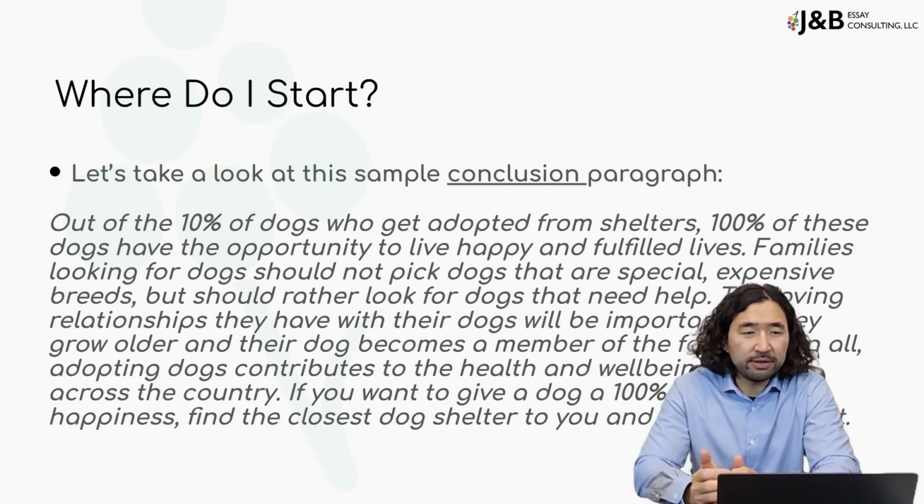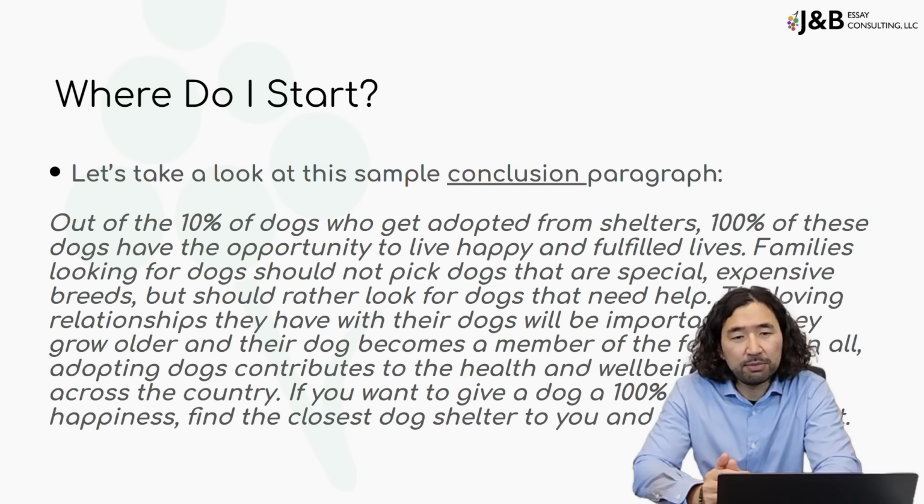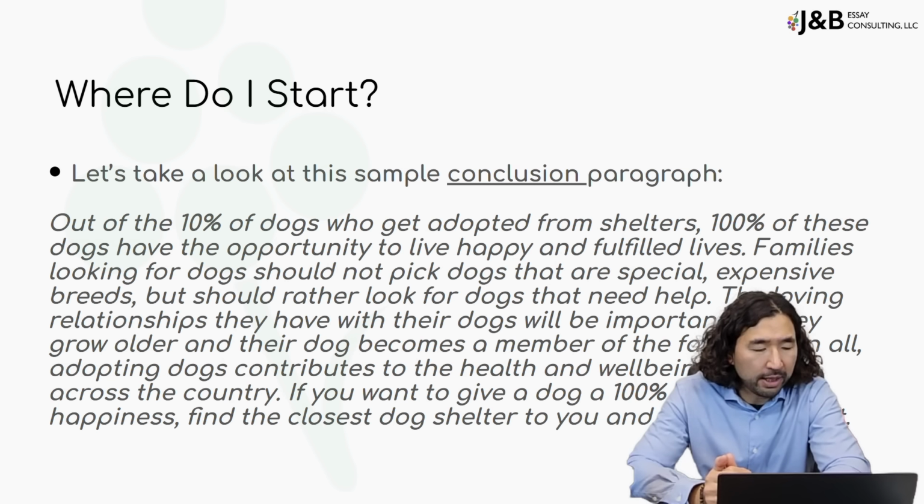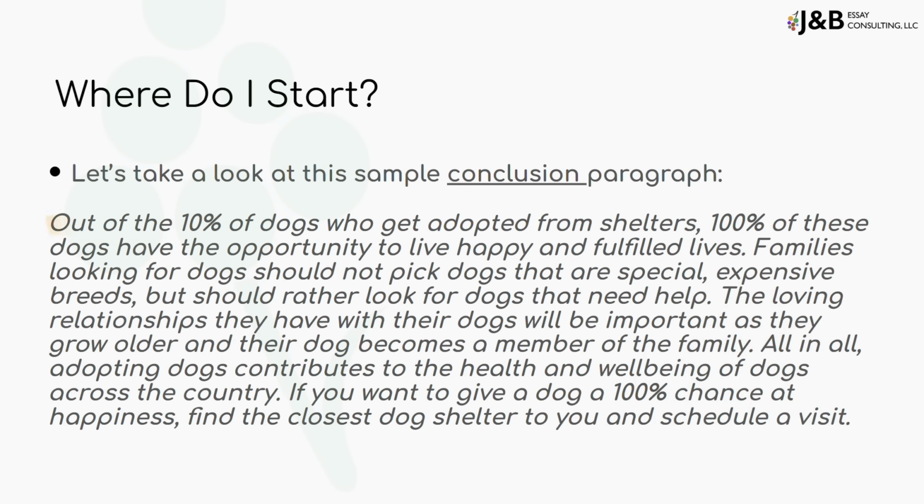Where do I start from here? So let's take a look at this sample conclusion paragraph. I'm going to read it aloud. Out of the 10% of dogs who get adopted from shelters, 100% of these dogs have the opportunity to live happy and fulfilled lives. Families looking for dogs should not pick dogs that are special, expensive breeds, but should rather look for dogs that need help.